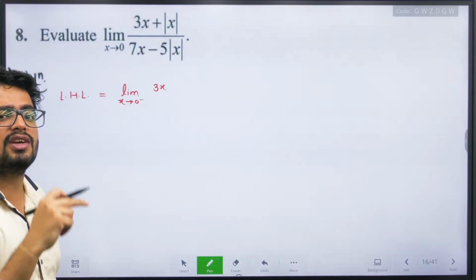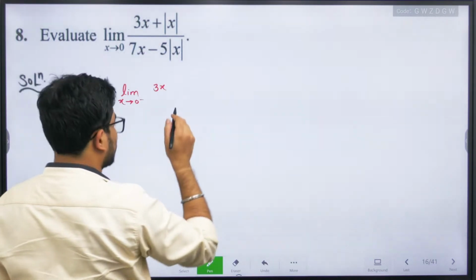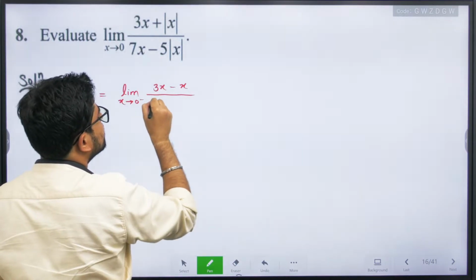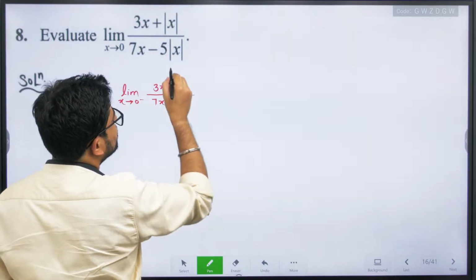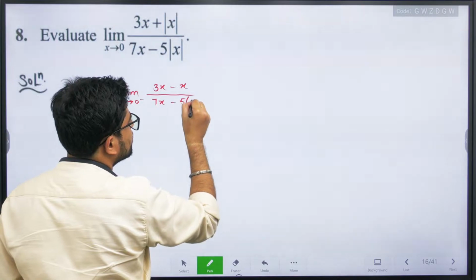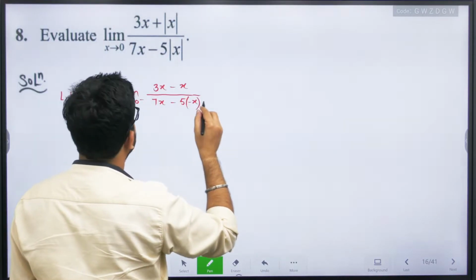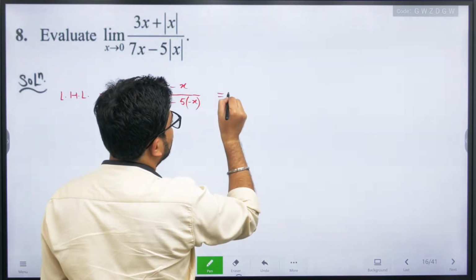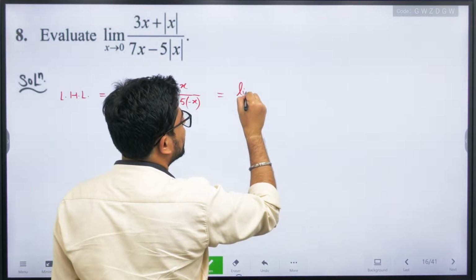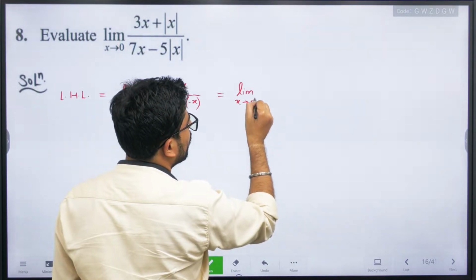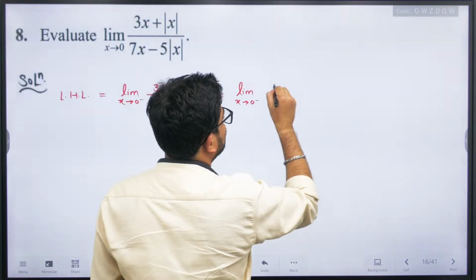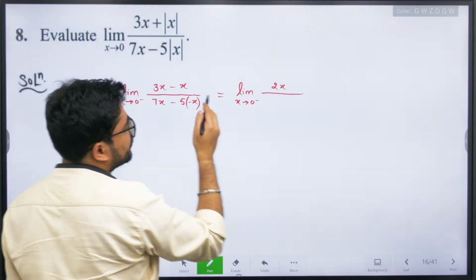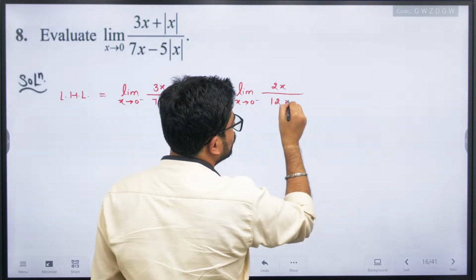Now x is 0 minus means negative, so mod x opens with a negative sign, so this is (3x minus x) divided by (7x minus 5 into minus x).